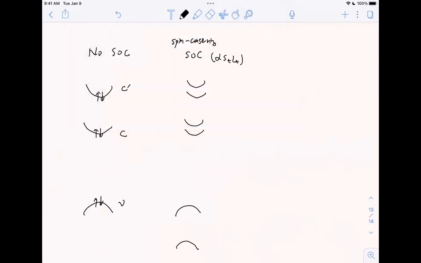Just make it simple. You just split it. Now if you have the spin flipping spin-orbit coupling, that means you have this thing. Once you have this, then you treat this as a perturbation. So this is C minus, C plus, C prime minus, C prime plus.